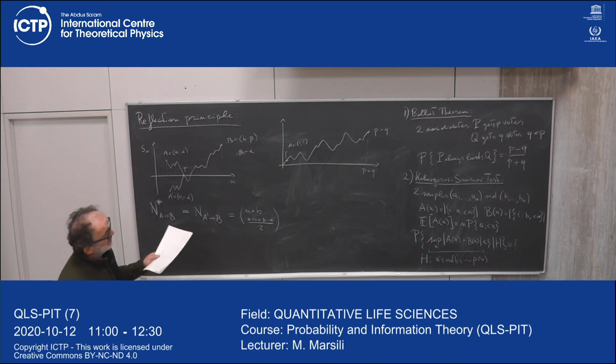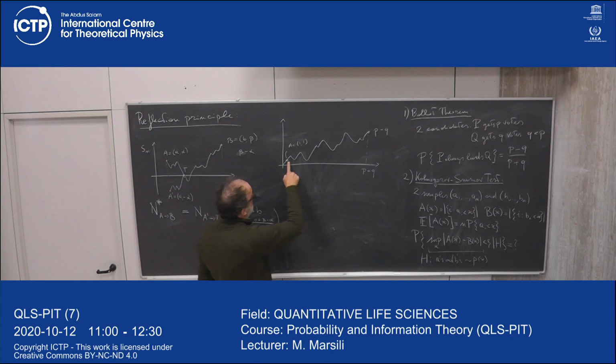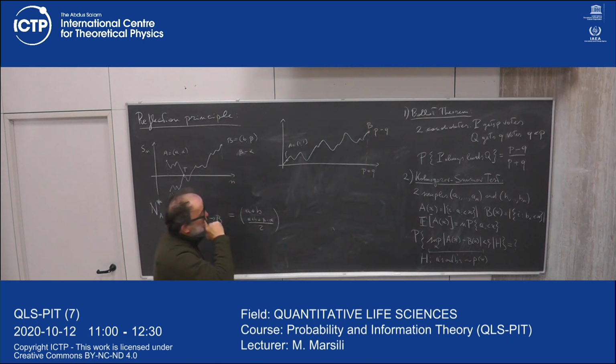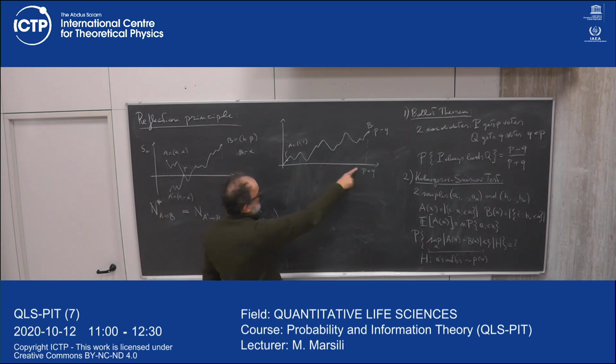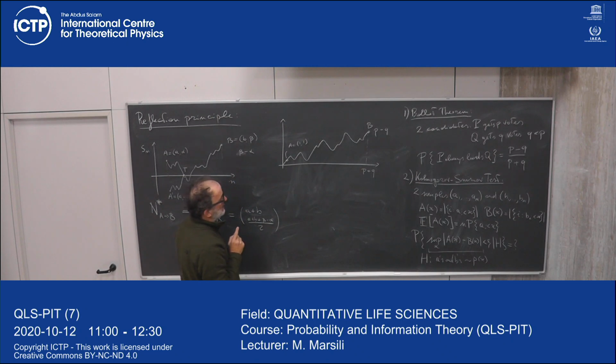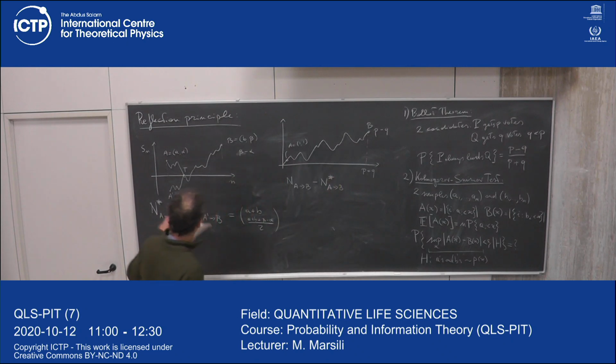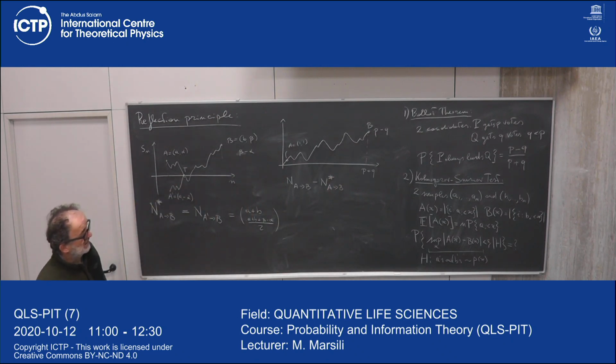Then, if we want to compute the number of paths that go from A to this point B that do not cross the x-axis, what we have to compute is all the paths that go from A to B and subtract from this the number of paths that go from A to B but that cross the x-axis.